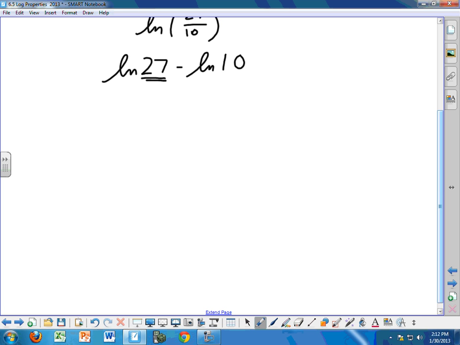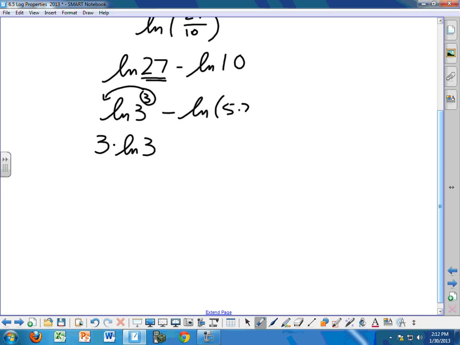Here we have the natural log of 27, which is the natural log of 3 cubed. And we have a power of 3, which can now be brought out front as a coefficient. So that becomes 3 times the natural log of 3. In the second case here, we have the natural log of 10, which is the same as the natural log of 5 times 2. Obviously, we can break this apart.